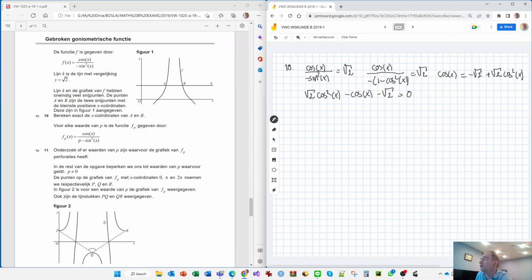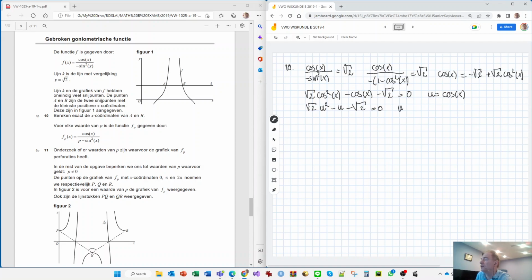And let's just define u as the cosine of x, and then we can just write it as a quadratic equation in u. Get the square root of 2 u squared minus u minus square root of 2 equals 0. And it's also a little bit easier with these things to get the coefficient in front of u squared to be 1. So I divide by the square root of 2.